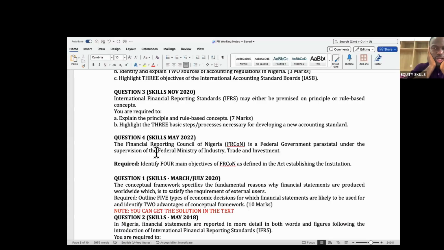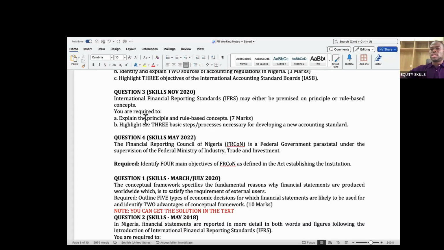So I explained this to you in class, principle and rule-based concepts. So principle-based concepts are concepts where you are provided with a general guide, and you're required to use your professional judgment to implement the concepts, and it allows you flexibility and reasoning. An example of a principle-based concept is IFRS.